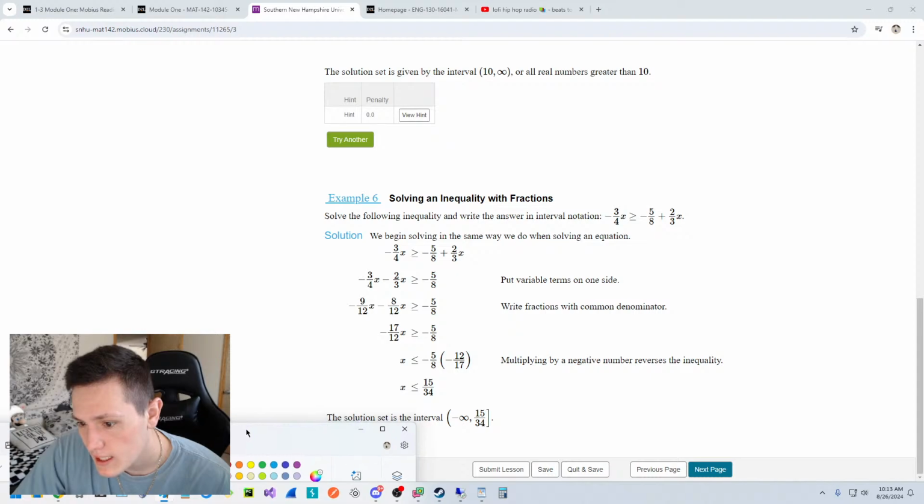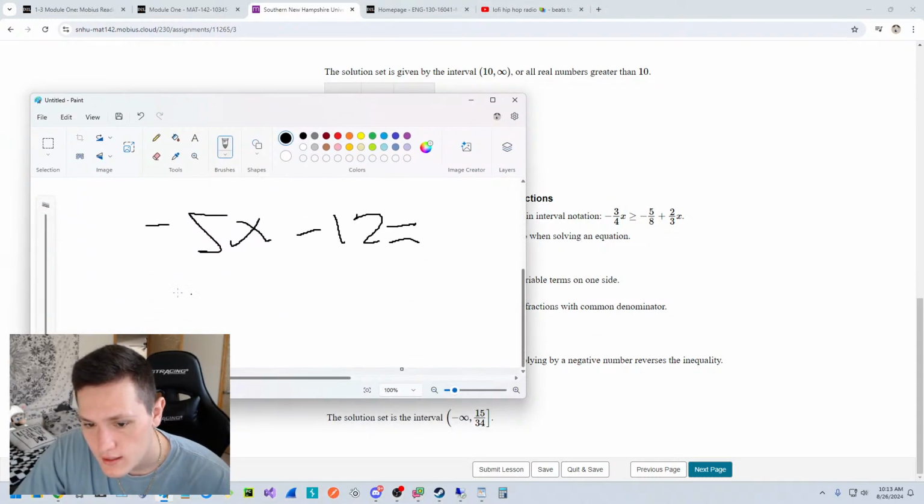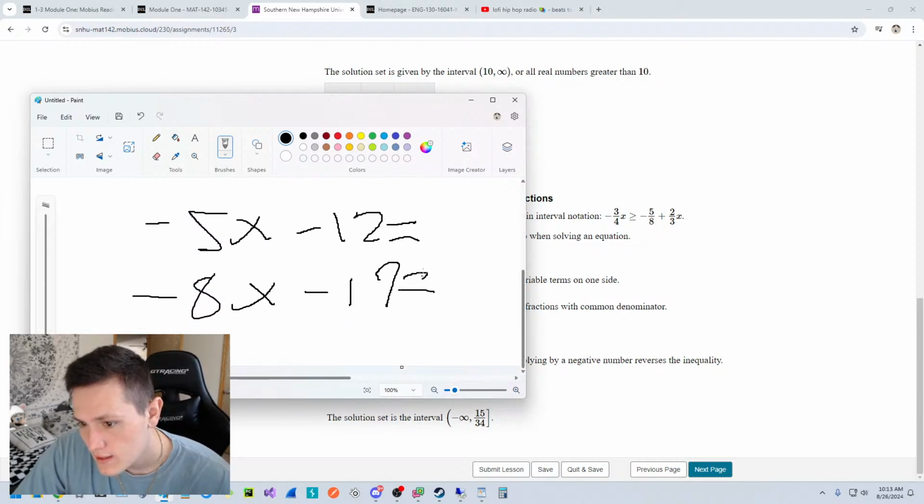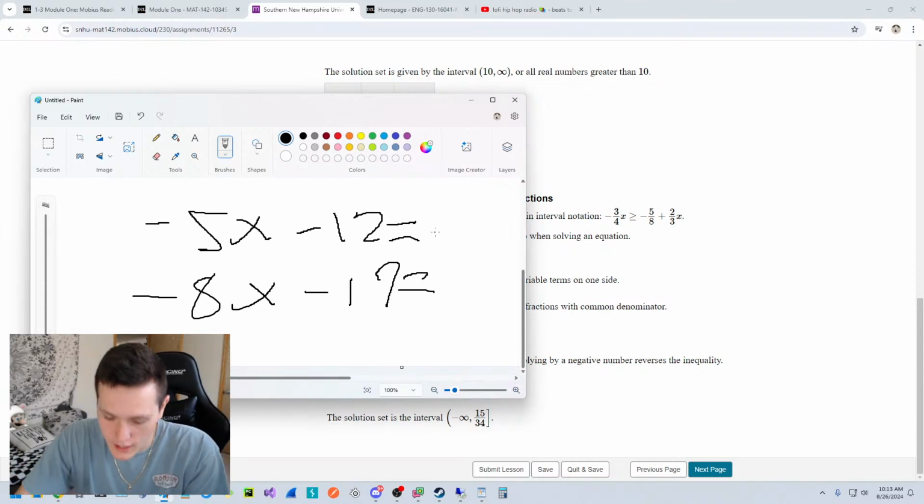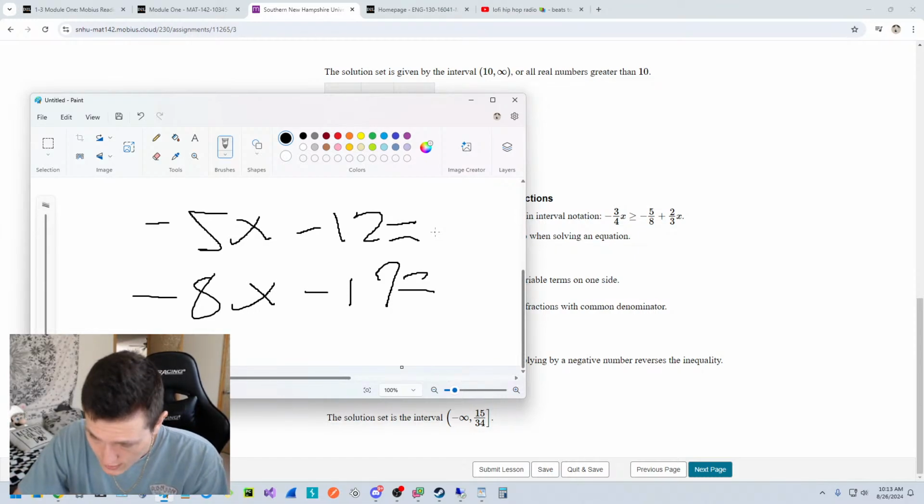And then we're going to take negative 8 times negative 17, right? And I'll get a calculator because I'm not that crazy at math. Negative 5 times negative 12, 60.